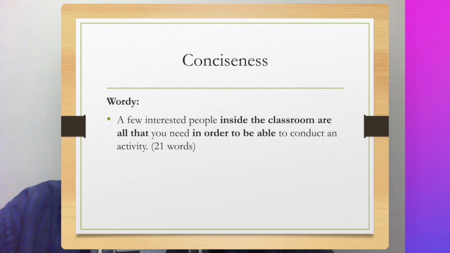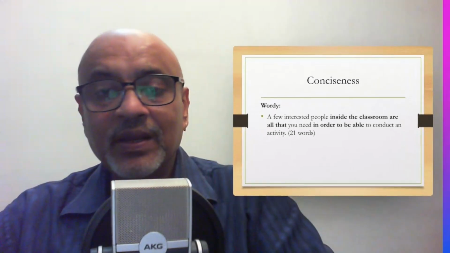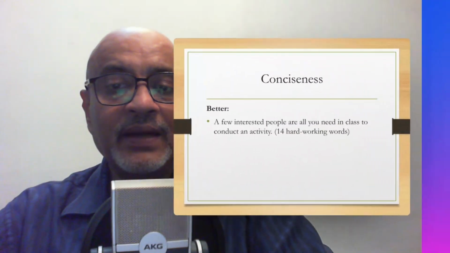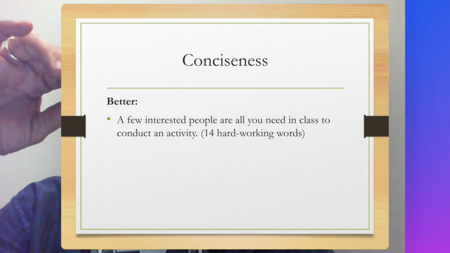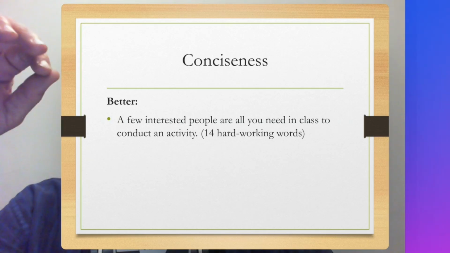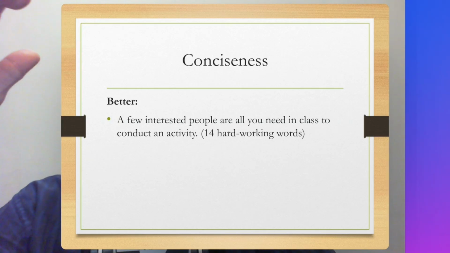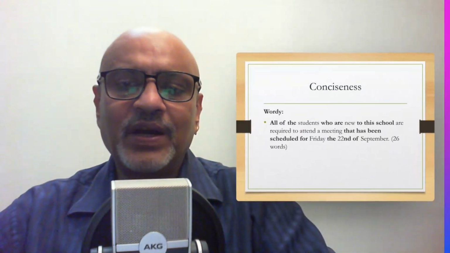So this, in order to be able, inside the classroom, are all that you need, all this is making it very wordy. So let's make it very direct and precise and concise. A few interested people are all you need in class to conduct an activity. Now here the meaning is crystal clear, my dear friends.